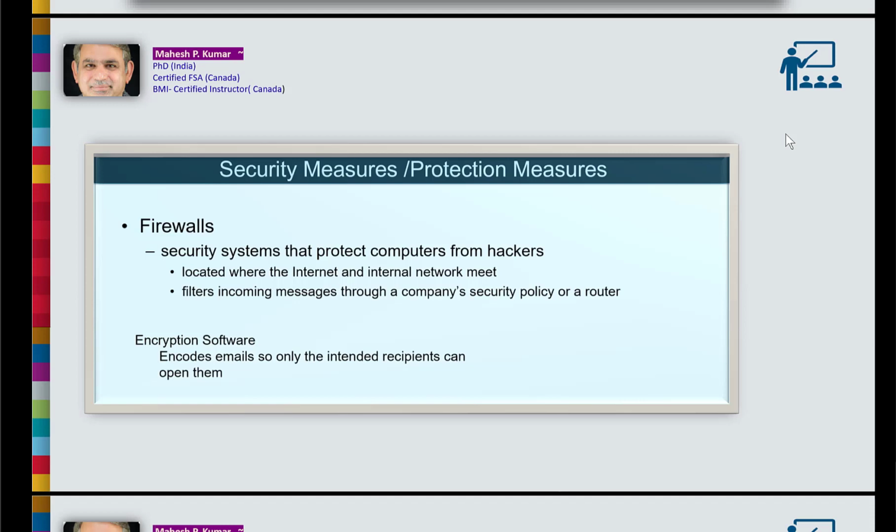So overall, as a business manager you have to make sure that your information system is protected. You have to use security measures like biometrics, or non-biometrics like firewalls and encryption software.